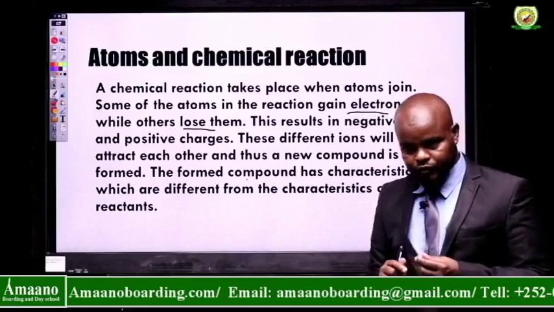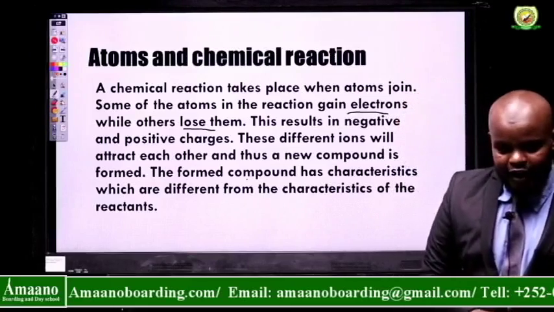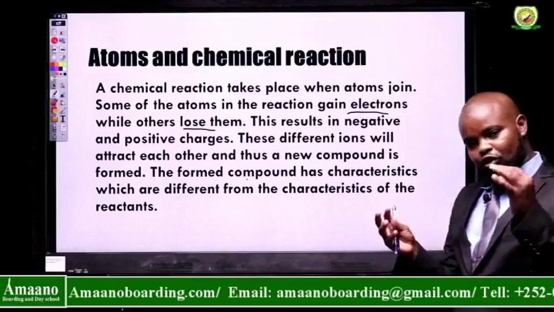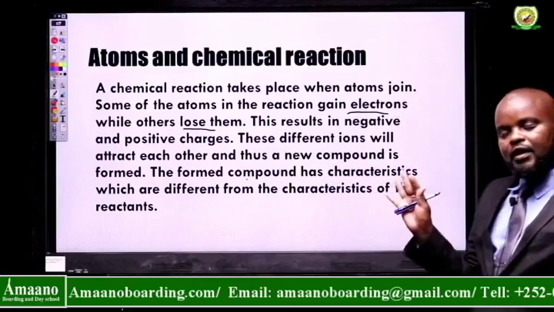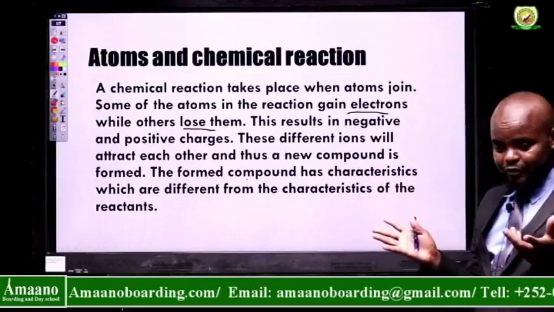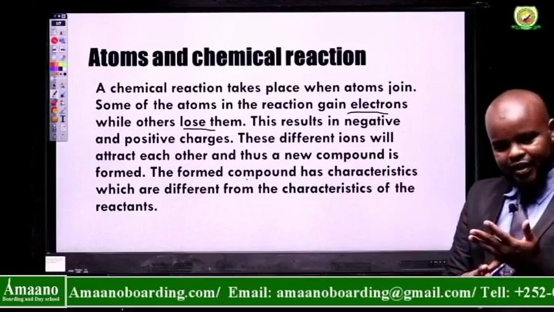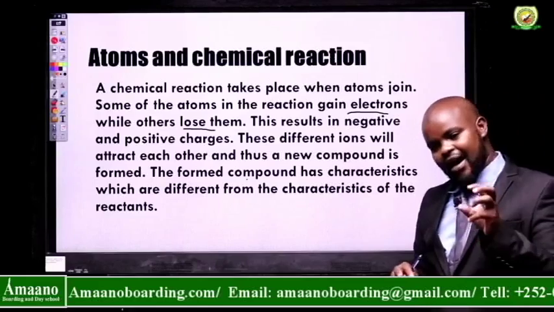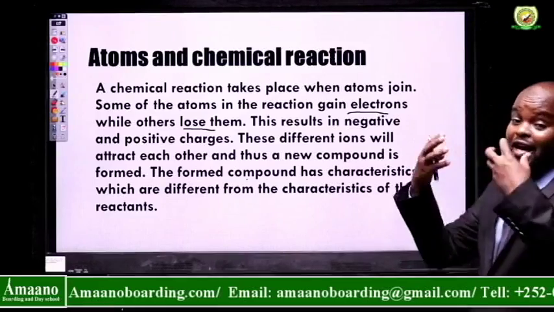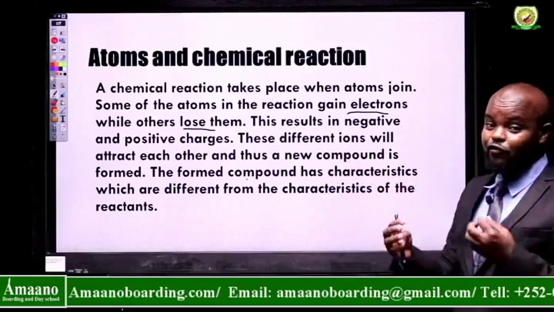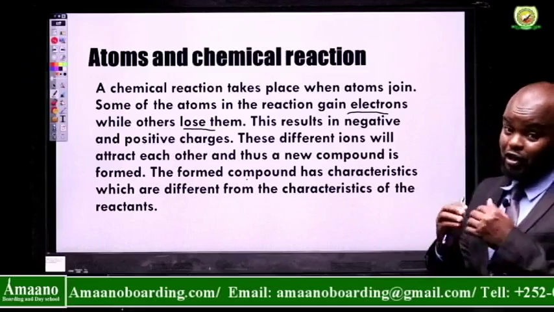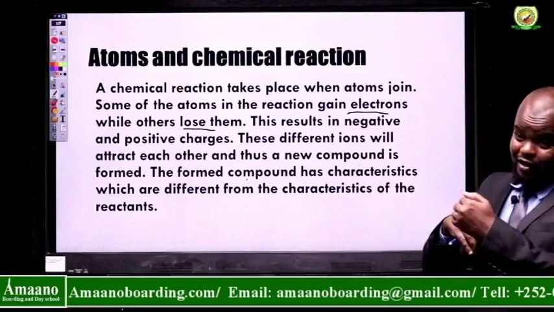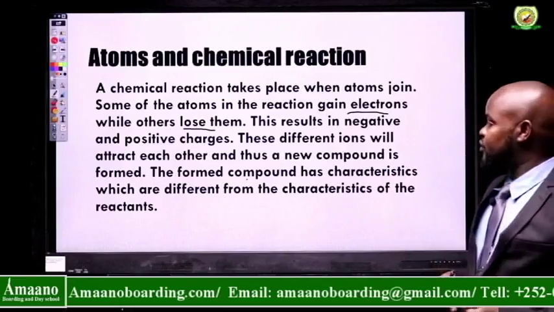So in a chemical reaction, two elements, two atoms of different charge combine. One is negative, one is positive, meaning one has extra electrons and one is devoid of electrons. Devoid meaning it has lost its electrons, and the other one has gained electrons, right?